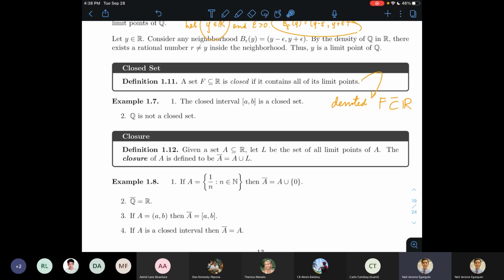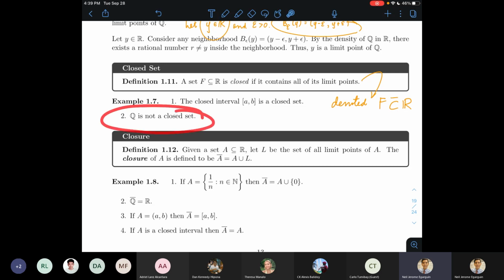Okay? So true enough, the previous two examples give rise to nice examples for closed sets. In example 7, we formalize here in a statement that the closed interval AB is a closed set. And that is precisely why we call AB a closed interval. Kasi isa siyang closed set because as we have remarked earlier, it contains all of its limit points.